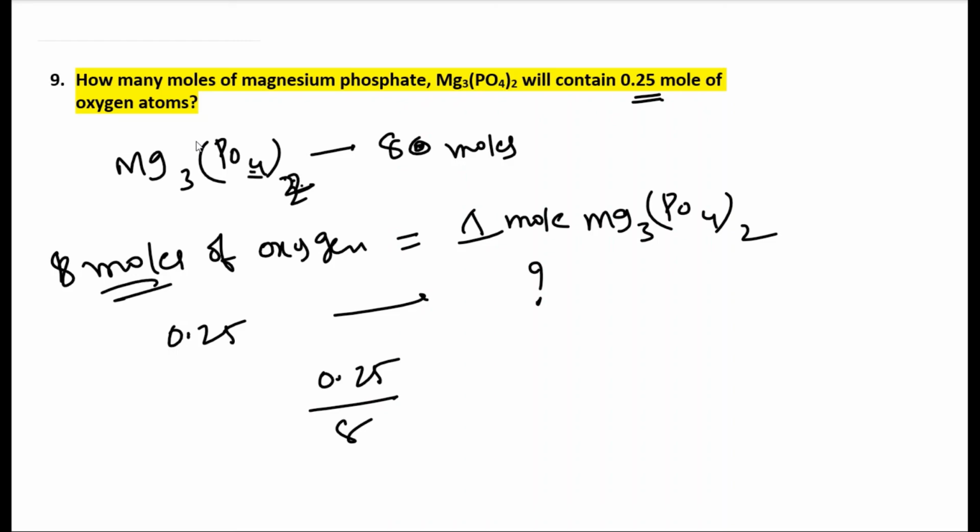So 0.25 by 8. After calculation, you are getting 3.125 into 10 to the power of minus 2 mole of Mg3(PO4)2. So this is our answer. I hope today's session is very clear and everyone understands well.